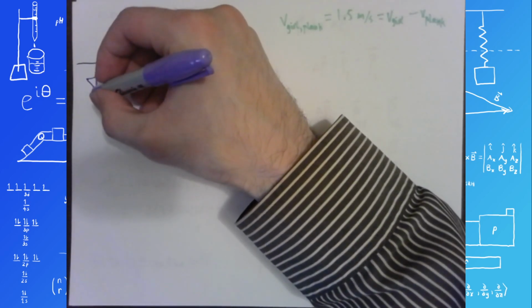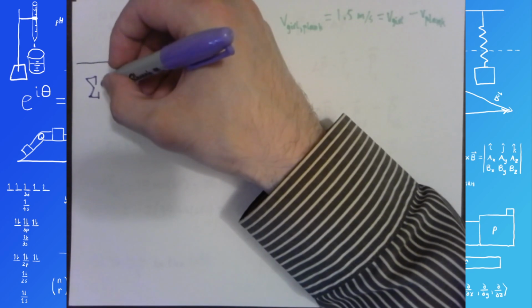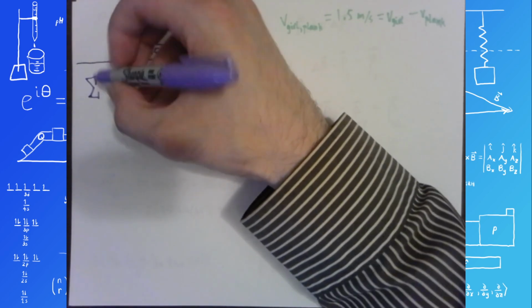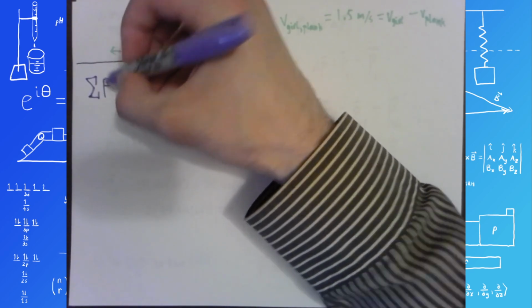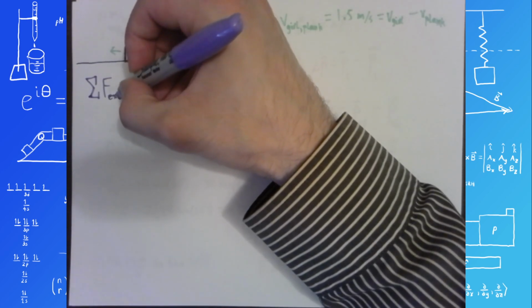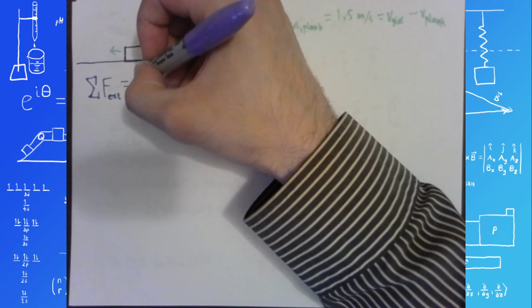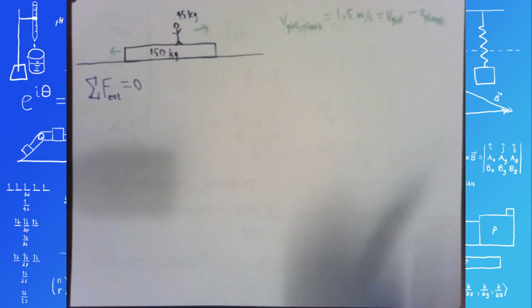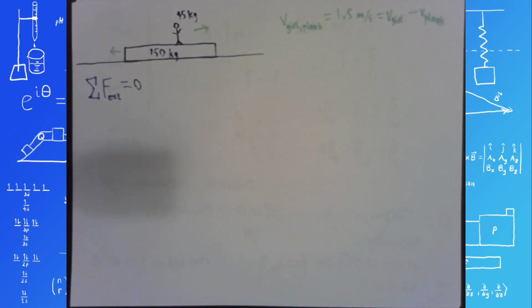A lot of people just jump right ahead and assume momentum is conserved, but there's actually a condition for it that needs to be fulfilled. The net external force must be 0. So if we take a look at other forces acting on the plank and the girl, we've got the force of gravity on each of them, and we've got normal forces on each of them.